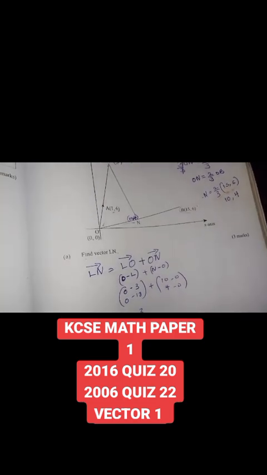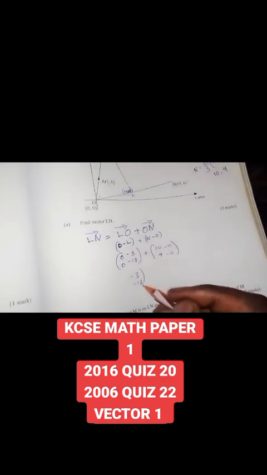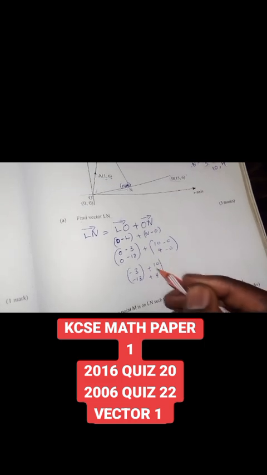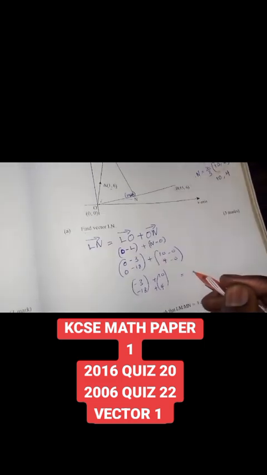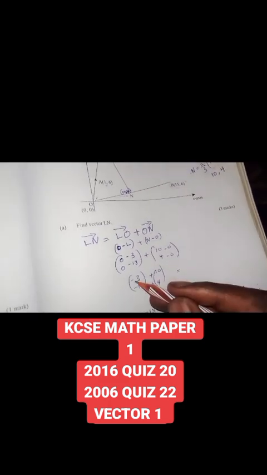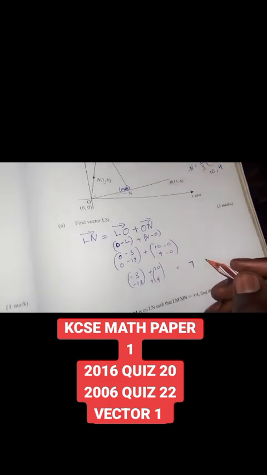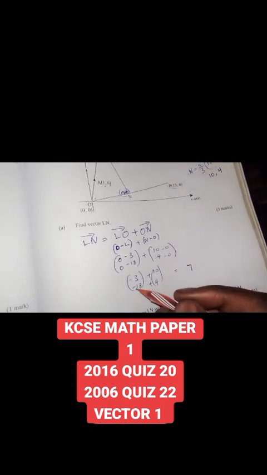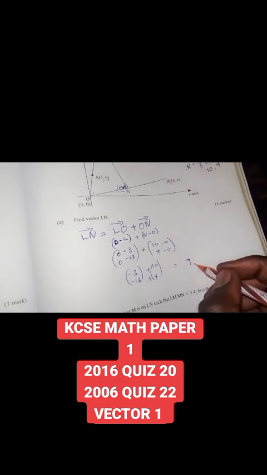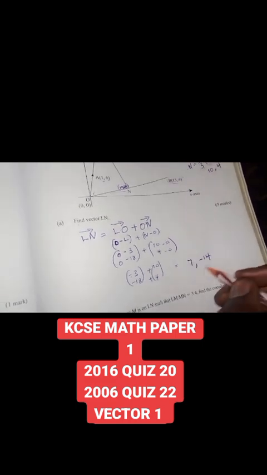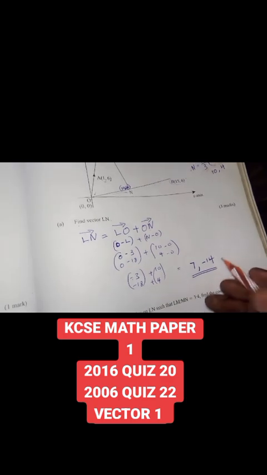So I have negative 3, negative 18, plus 10, plus 4. Therefore, the vector LN should be negative 3 plus 10, that is 7, and negative 18 plus 4, that is negative 14. So this is the vector given for LN.